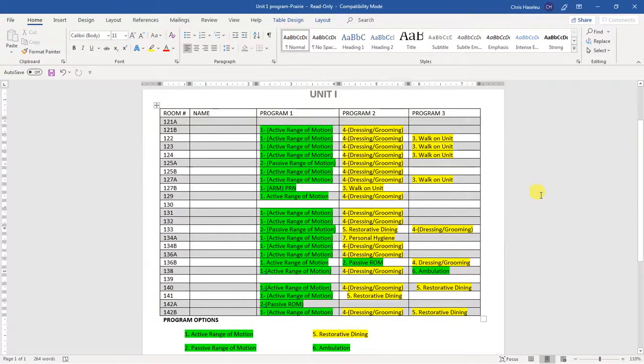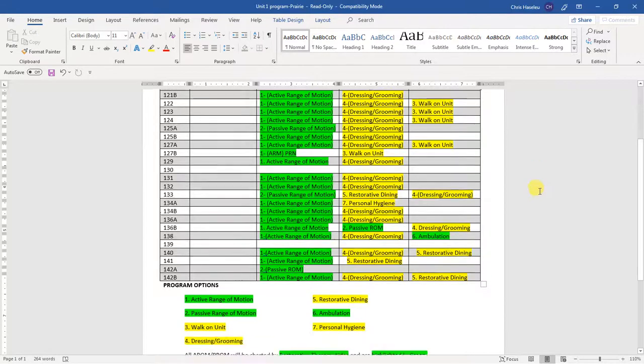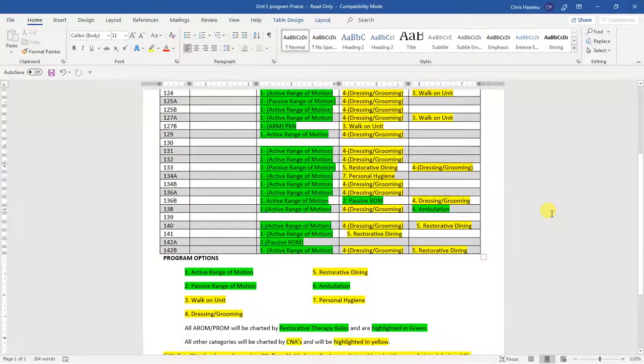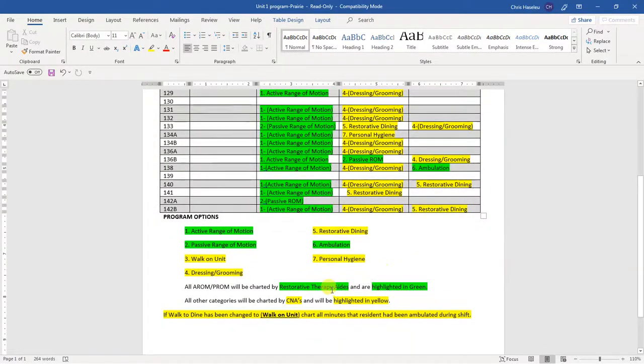what could happen with residents, and how we do this is anything that is coded green is considered a restorative therapy to be doing. That would mean they're actively going to be going down to the therapy room, or one of our CNA therapists is actively going to be working with them in their room. Any area that is highlighted yellow is what the CNA on the floor will be doing and documenting.